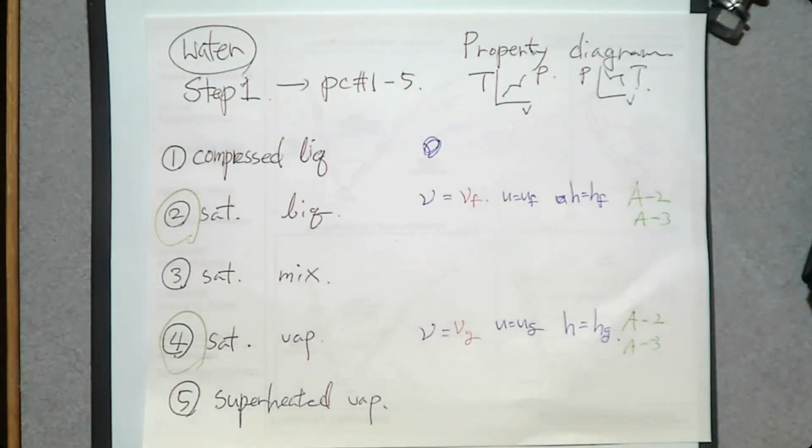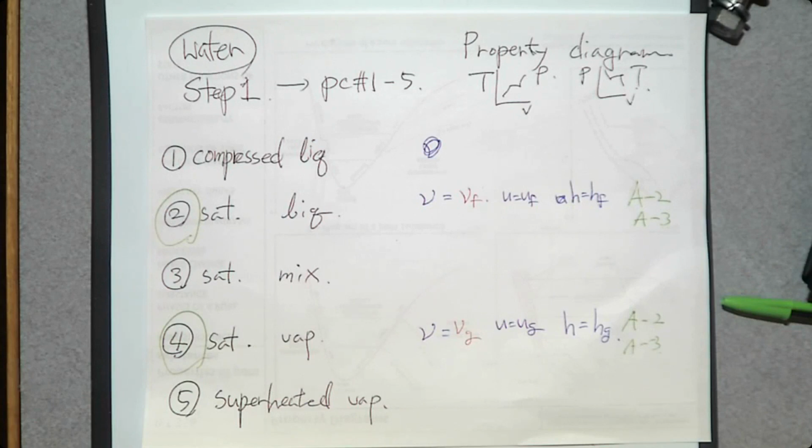Number 3, what if you have a saturated mixture? Then there's a problem. What problem? A saturated mixture is a mixture of saturated liquid and saturated vapor. So you have a liquid and vapor. When you have a liquid and vapor, there can be many different mixtures.